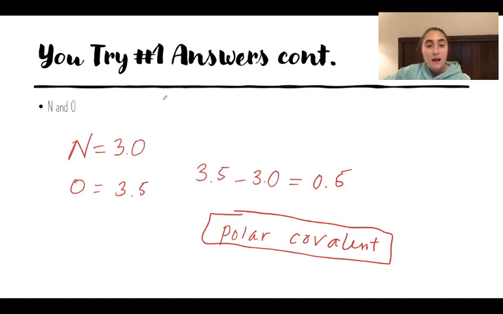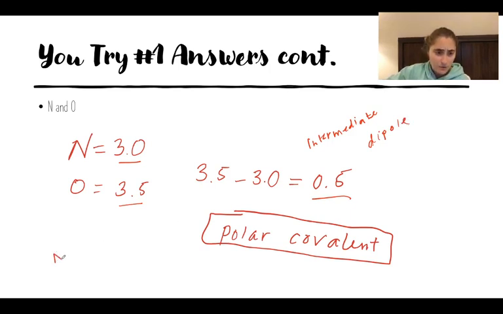And in this case, I've got nitrogen and oxygen. Nitrogen has an electronegativity of 3.0. Oxygen has one of 3.5. This gives me a 0.5 difference, which is intermediate on that scale. Intermediate difference means it does have polarity because it does have a dipole. So this is going to be a polar covalent bond.